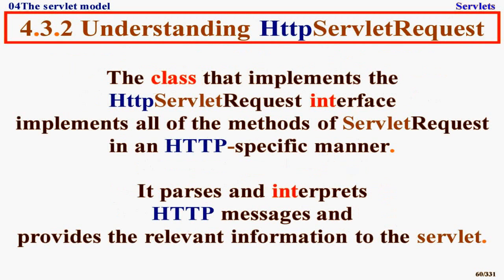Understanding HttpServletRequest. The class that implements the HttpServletRequest interface implements all of the methods of ServletRequest in an HTTP-specific manner. It parses and interprets HTTP messages and provides the relevant information to the servlet.